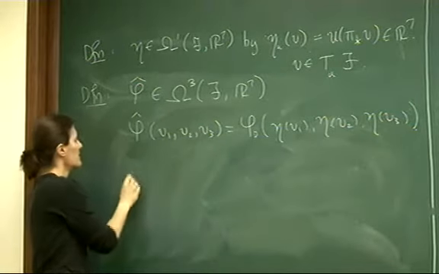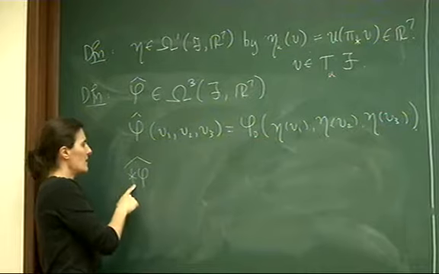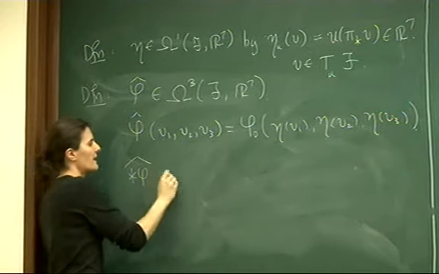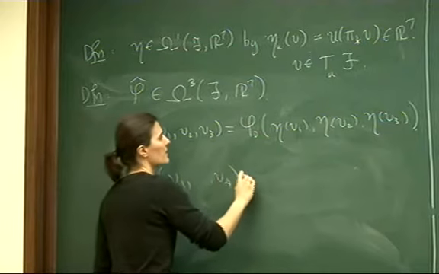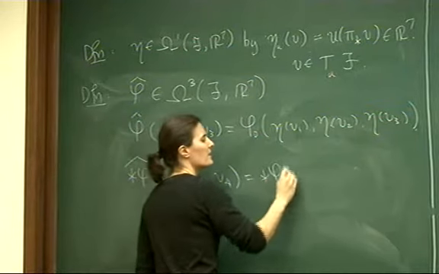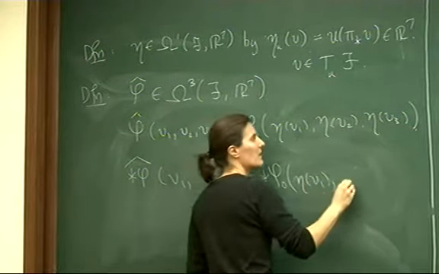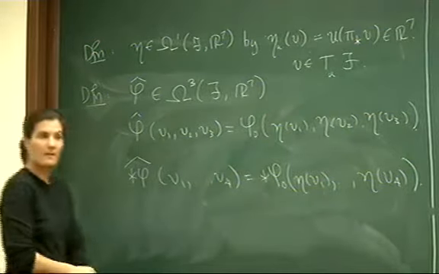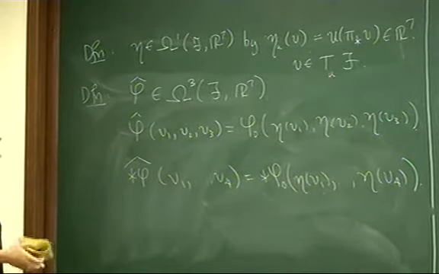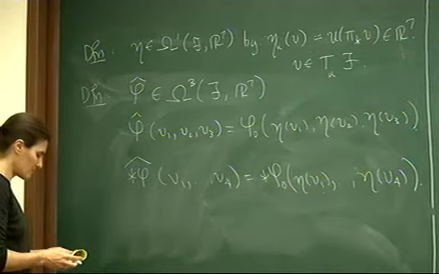Now, similarly, because I'm going to use it in a moment, we'll take the Hodge dual of phi hat to be the 4 form, V1 up to V4, defined by evaluating the Hodge dual of phi naught on eta V1 up to eta V4. So kind of the laziest way we can pull these objects on R7 back to the frame bundle.